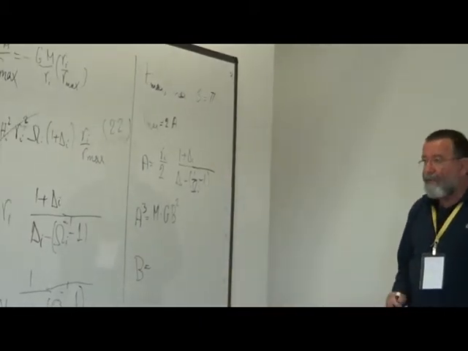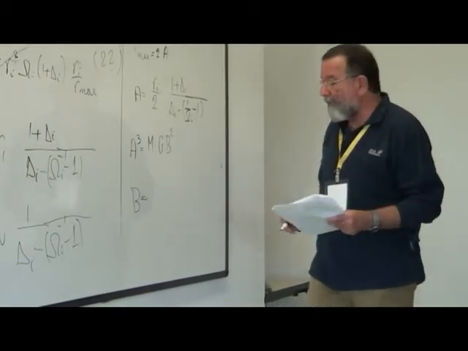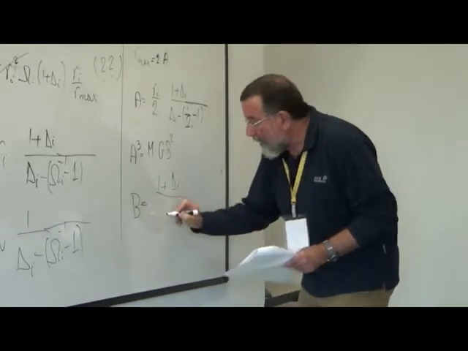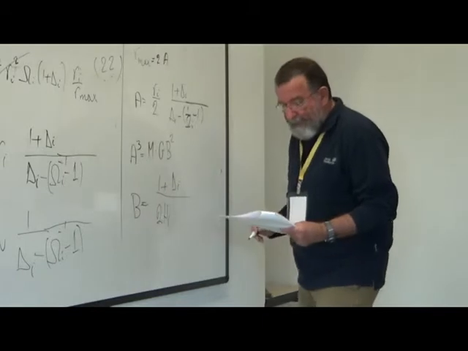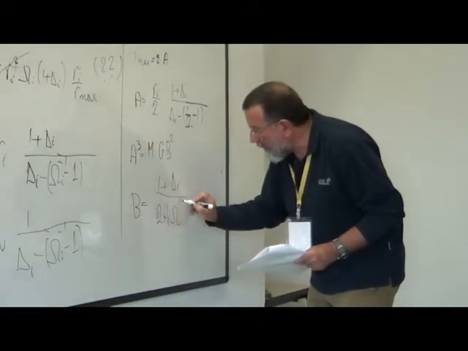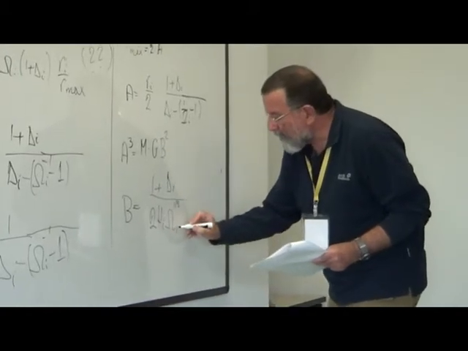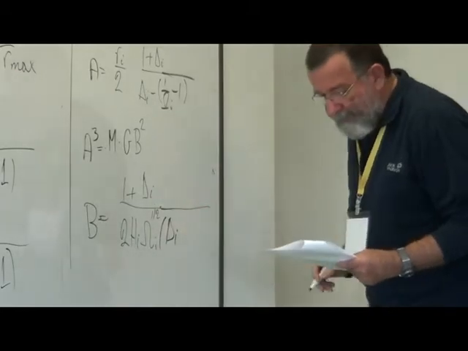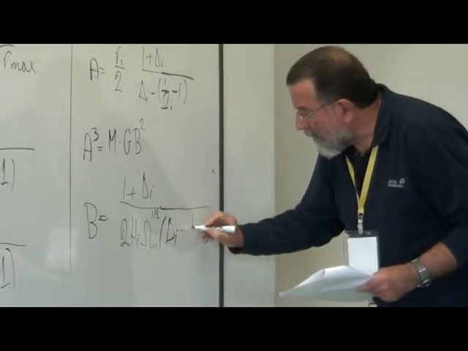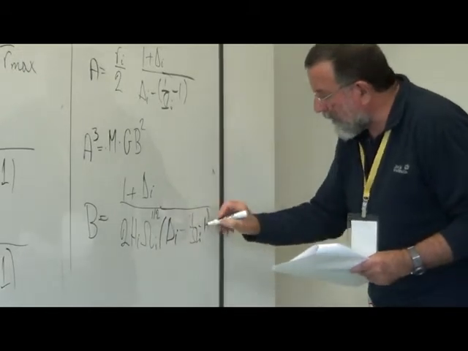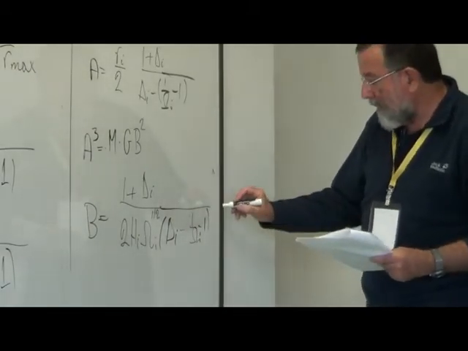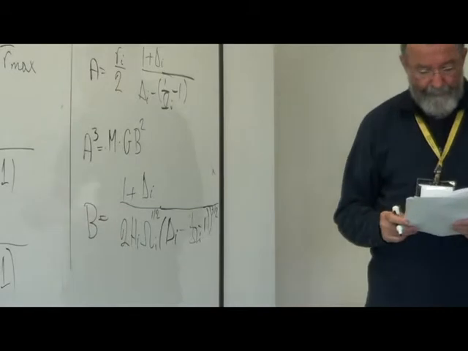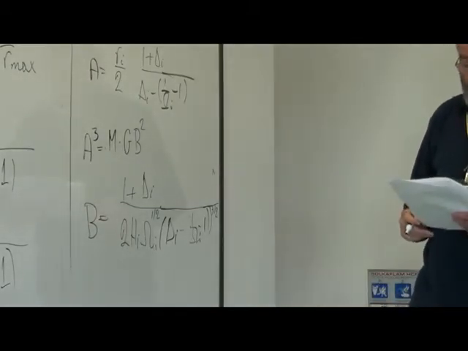Then we have B as 1 plus delta I divided by 2HI, times the square root of omega I, over delta I minus 1 over omega I minus 1, and this whole thing to the power of 3/2. That's what we have.